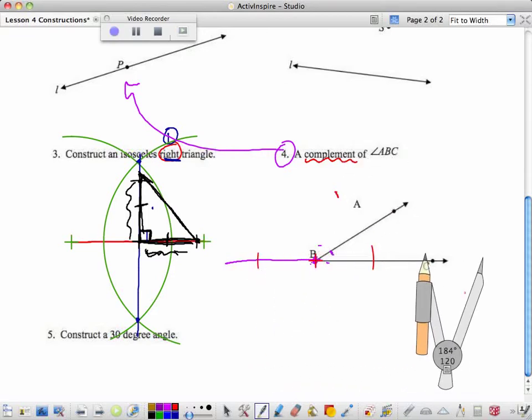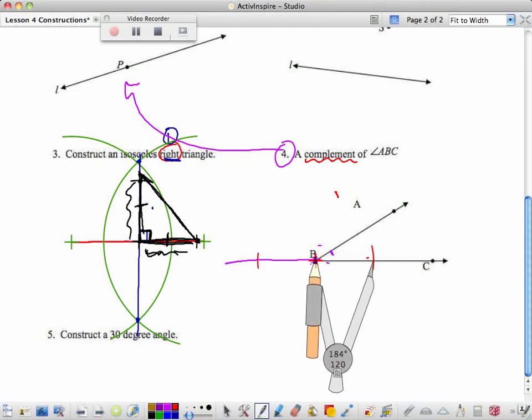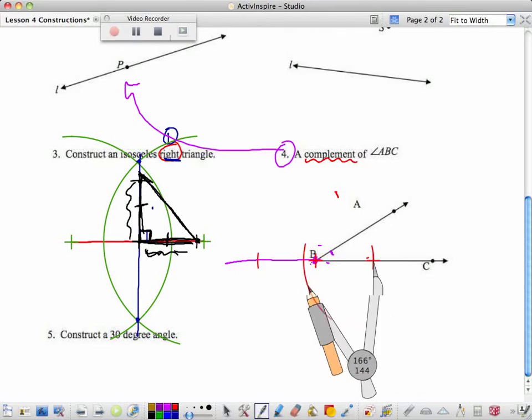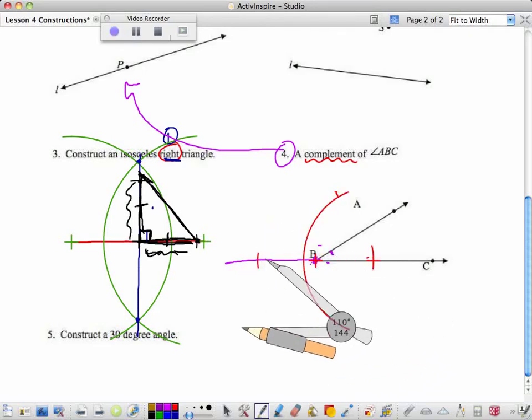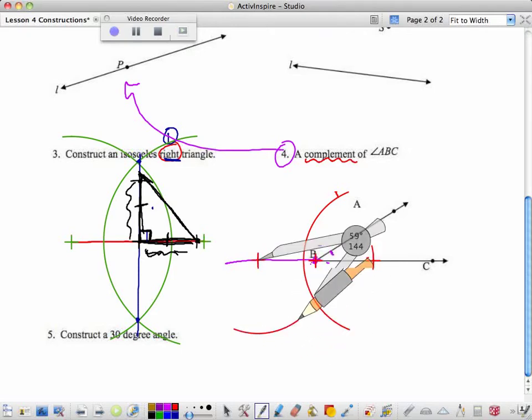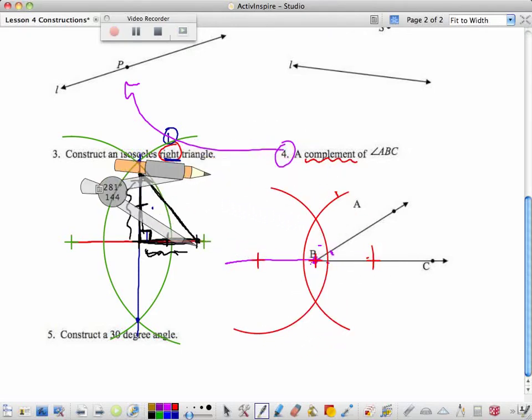The first thing you do is create your segment within that line, and then we do the perpendicular bisector. So I'm going to open my compass a little bit wider, do my scoop on top and bottom, move it over here, do my scoop on top and bottom, and then I grab my ruler and connect the two intersections and that end point B. And here's the 90-degree angle.